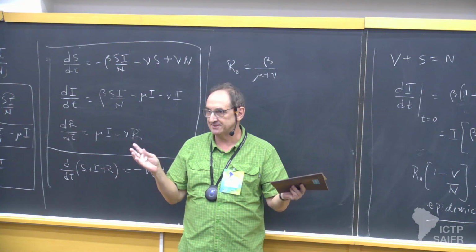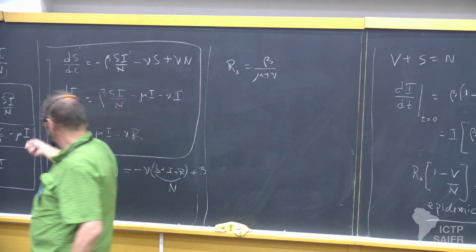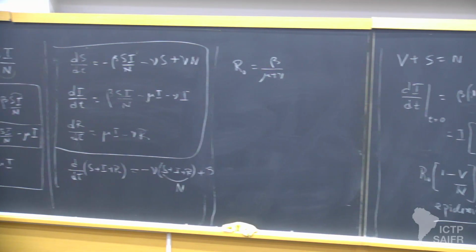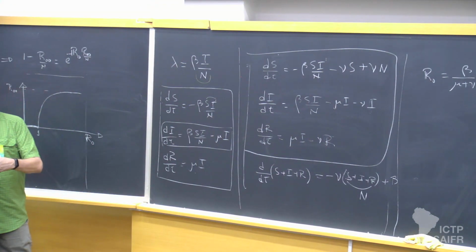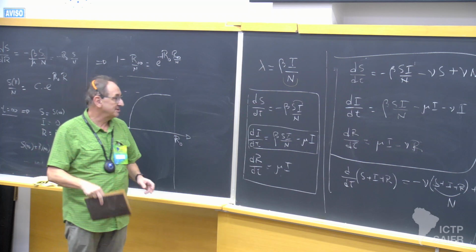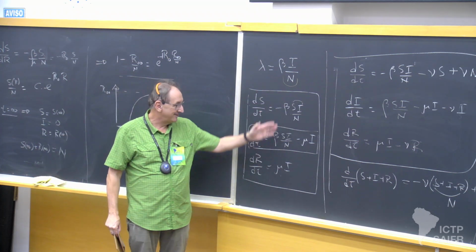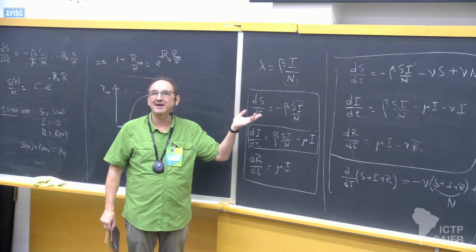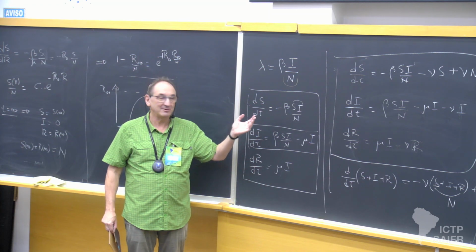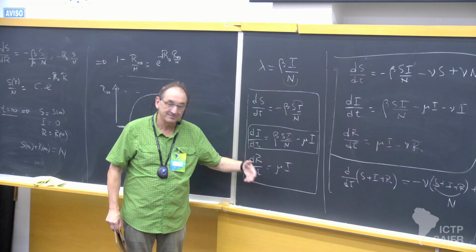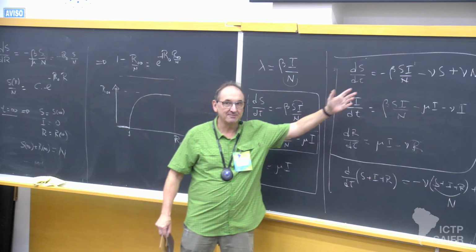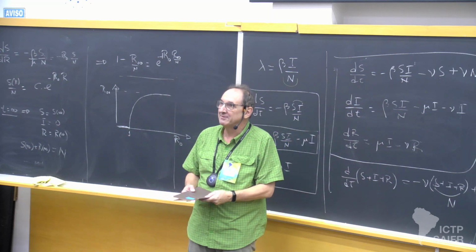Okay, nothing changes. If you do this for this case, there's always one equilibrium, which is I equal to 0. Okay? Here, I equal to 0, and S can be anything. Okay? Because you have 0, 0, 0, 0, 0. Okay? Here I also have I equal to 0, which is obvious to be an equilibrium.